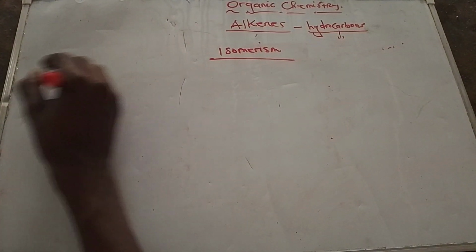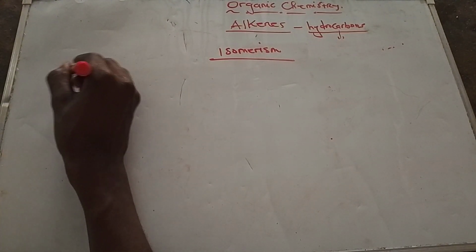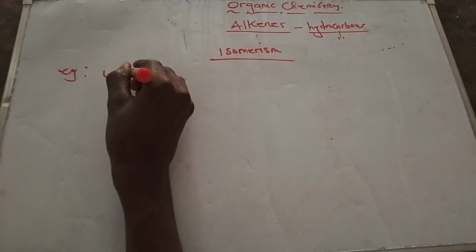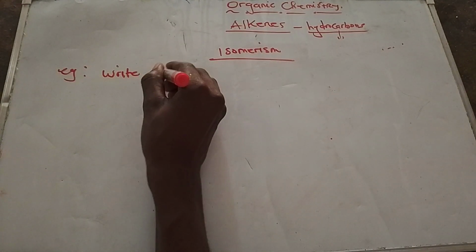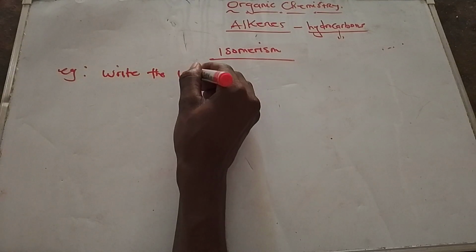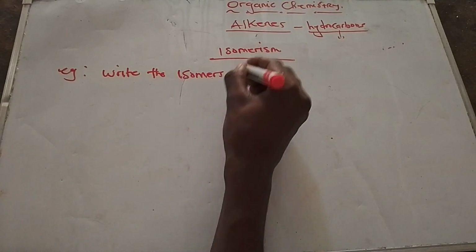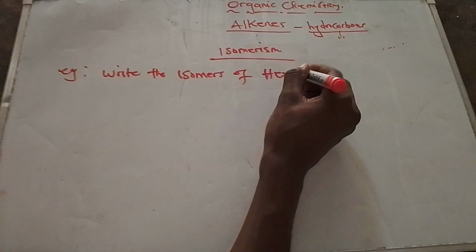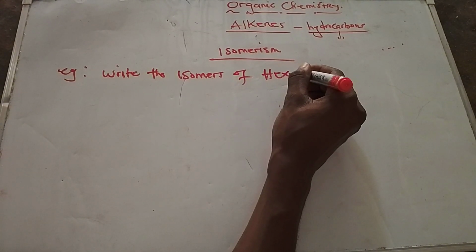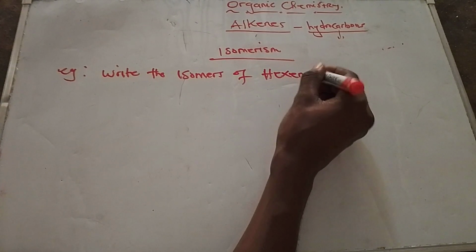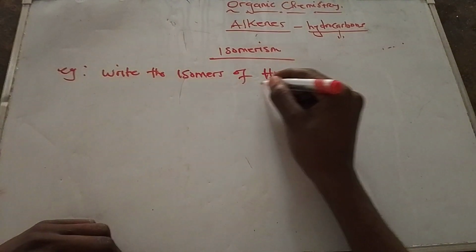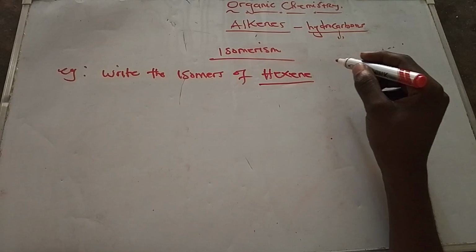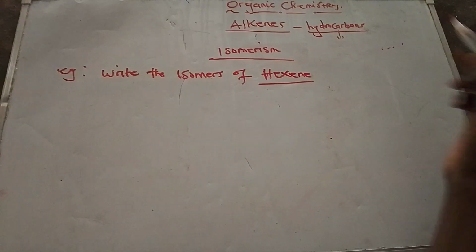So for example, write the isomers of hexane. Hexane is the sixth member of this family.